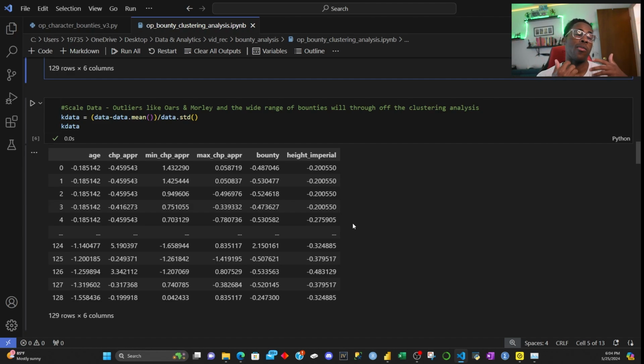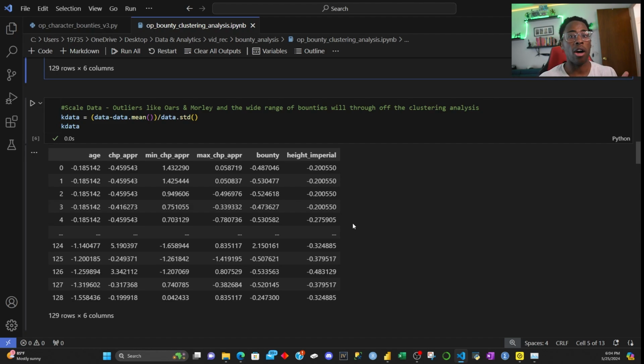And so what the standardizing does, by shrinking it, it essentially says how different is this character's metric from the average of these metrics within the data set.